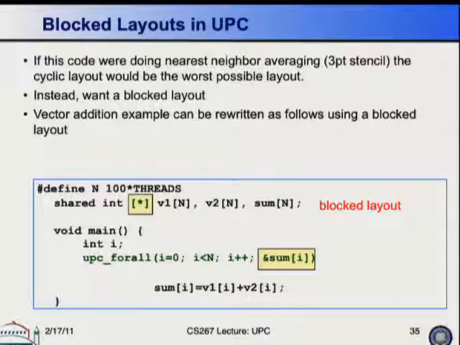It'll evenly divide up the array as much as it can. It'll do something reasonable if the total number of elements in the array is not divisible by the number of threads. And then when you run through this loop, by putting the ampersand sum sub I in there, as I said before, you'll make sure that this addition statement is only executed by the thread that owns that element.